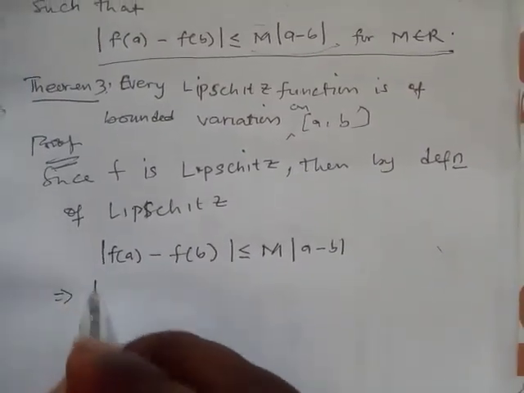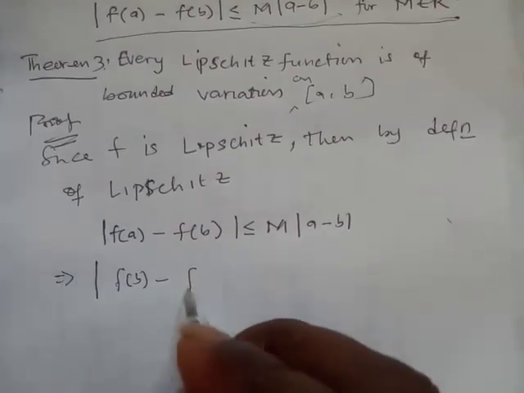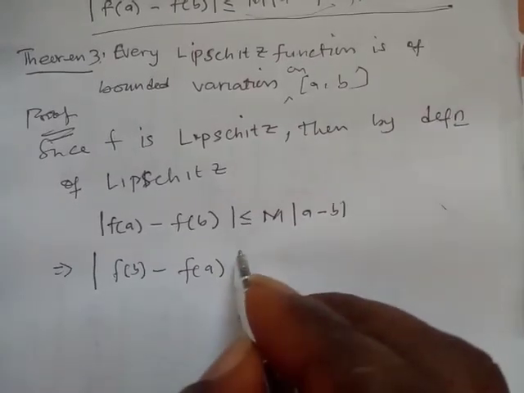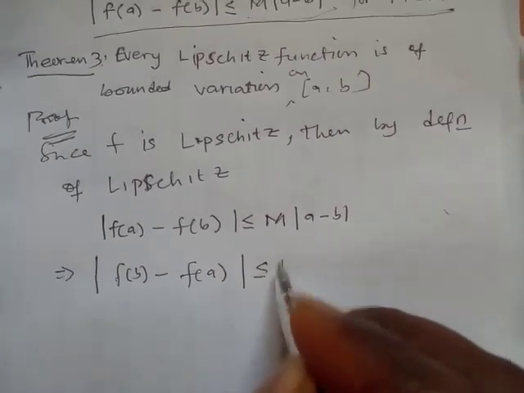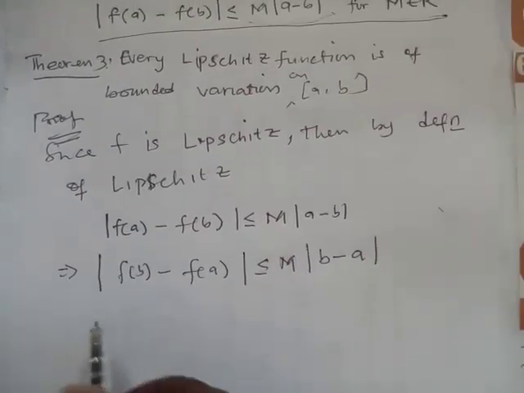We know that we can also write it as |f(b) - f(a)| is less than or equal to M times |b - a|.